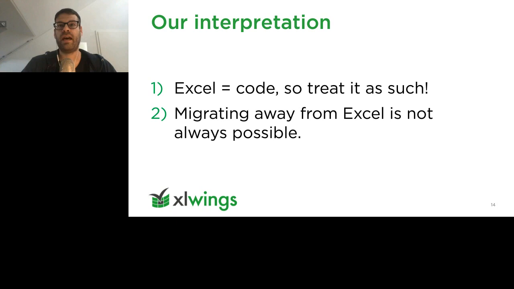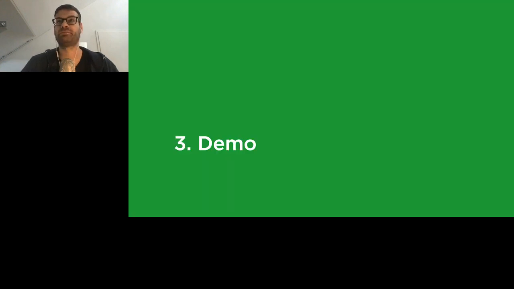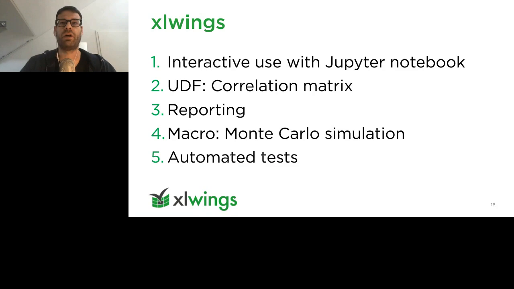That leads the way to the interactive demo part. Before we start, I want to go through the different samples that I'm going to show you. As I initially promised, there are about 5 different samples, and each is trying to shed a different light on how you can use xlwings.